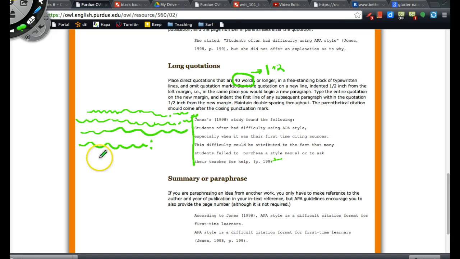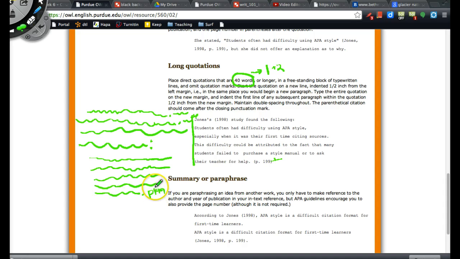So you put that colon, then you indent the same amount that you would indent here, and you put in what's called your big block quote. Multiple sentences, over 40 words. And then you notice here the period, unlike the example I just showed you, the period goes here, and then you would put the page 199.